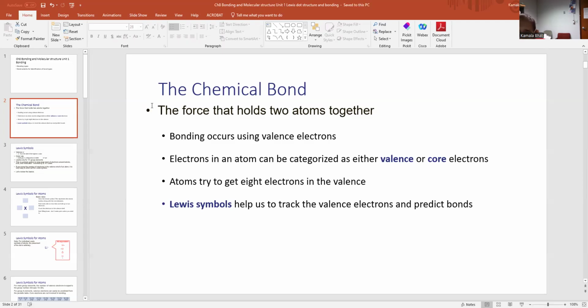Atoms try to either get 2 electrons, a duplet, or 8 electrons in the valence shell, an octet. The Lewis symbol helps to track the valence electrons and predict the type of bonds that can be formed.